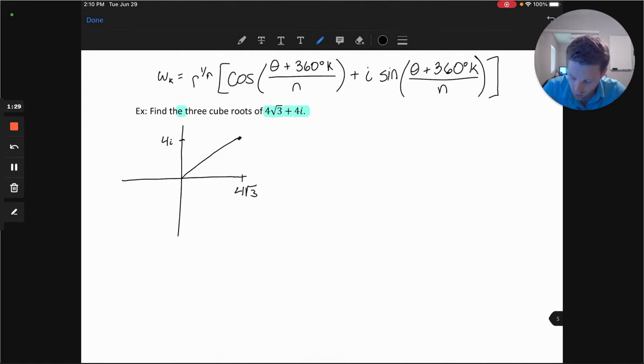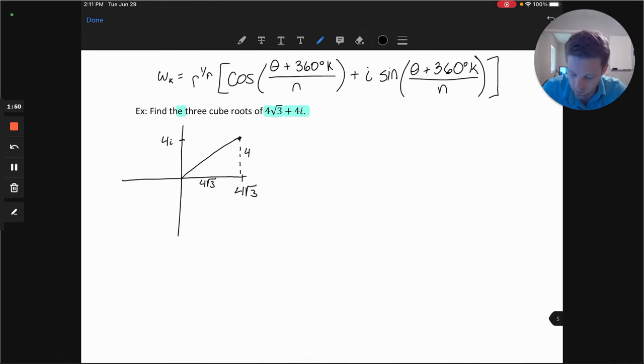This is going to form a 30, 60, 90 triangle if we're aware of that. This will be of length 4, and then we'll have a length of 4 root 3 on our x-axis. This is going to give us ratios of a 30, 60, 90 triangle.